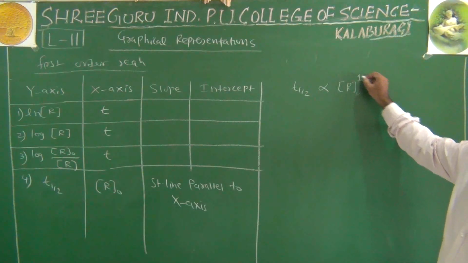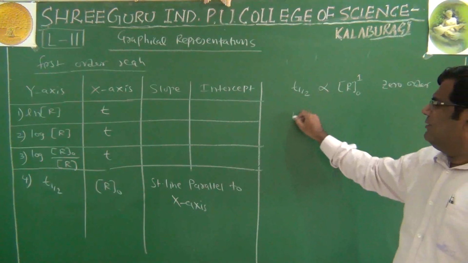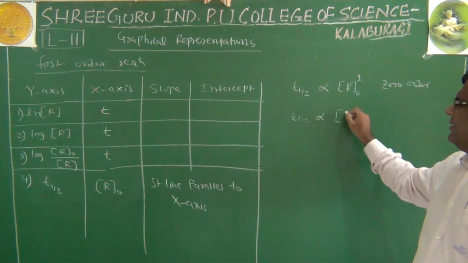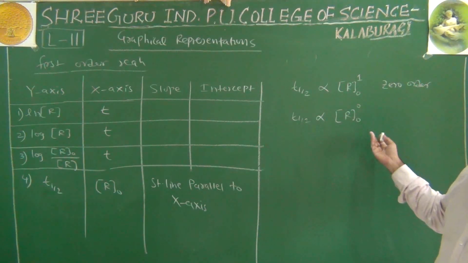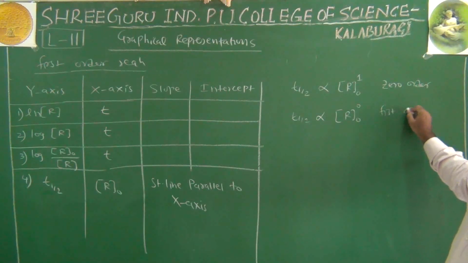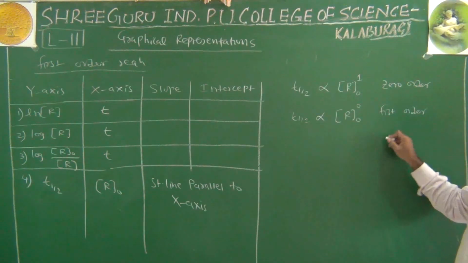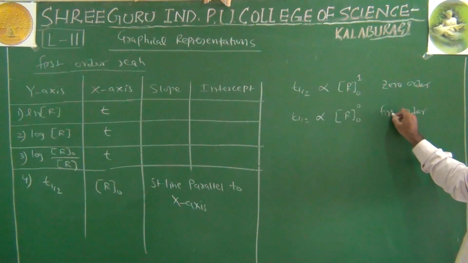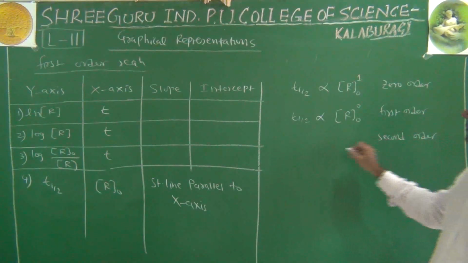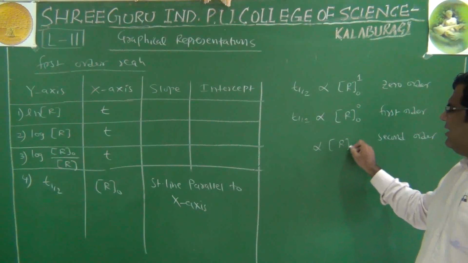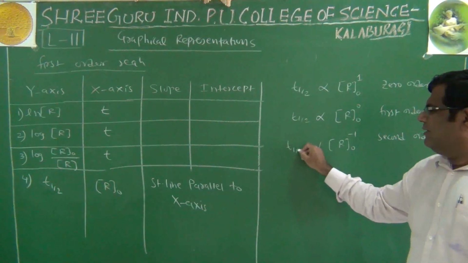Directly proportional means raised to 1 in the zero order reaction, and this half-life period is independent, independent means we can write initial molar concentration raised to 0, in first order reaction. So this is 1, this is 0, it is in decreasing order. So we can say that in the second order, this I will write R0, this is 1, this is 0, and I will write it is negative 1, and this is T half.